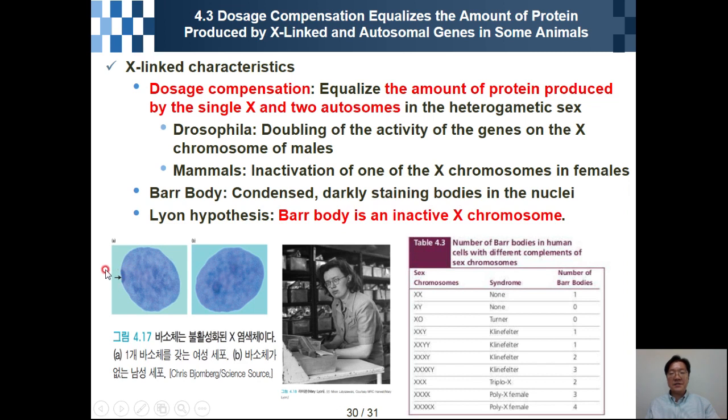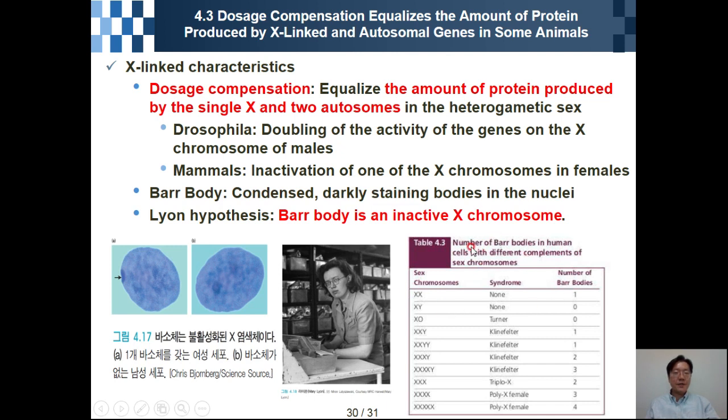This is the Barr body. The scientist Barr found that this Barr body is an inactive X chromosome. All inactive X chromosomes are located here at the edge of the nucleus, and the shape is condensed and darkly staining.